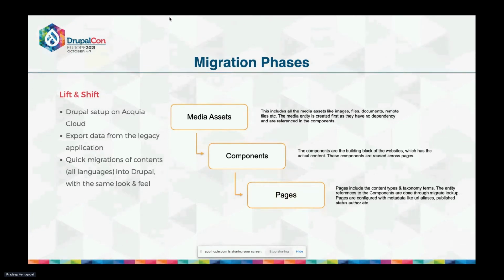And then the next one was the components. The components are the main building blocks of that particular website, which has the actual content. And these components were designed in such a way that they can be reused across pages. So let's say you have a block which has the contact details or whatever, and that block needs to be present in different pages.